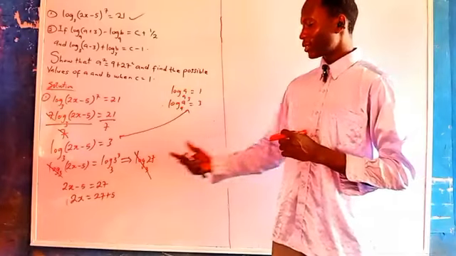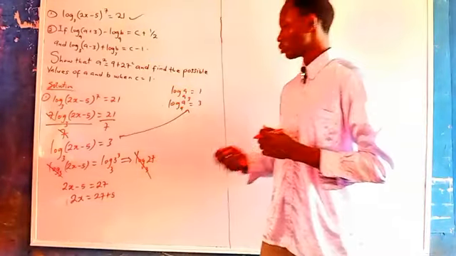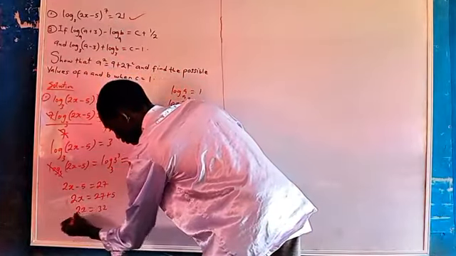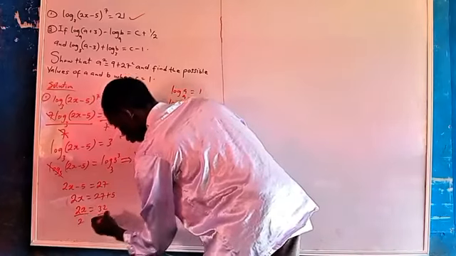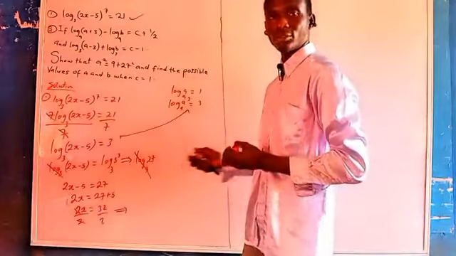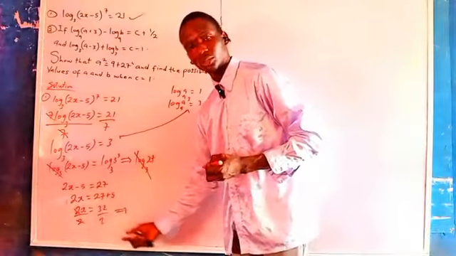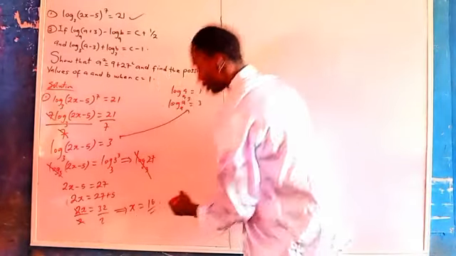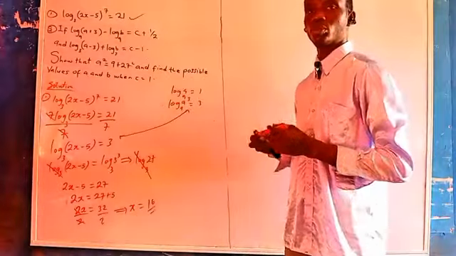And 27 plus 5, that's 32. So I'm going to have 2x equals 32, and if I divide both sides by 2, the 2 is going to cancel 2, and I will be left with x, and 32 divided by 2 is 16. So x equals 16, which is the solution to this problem.